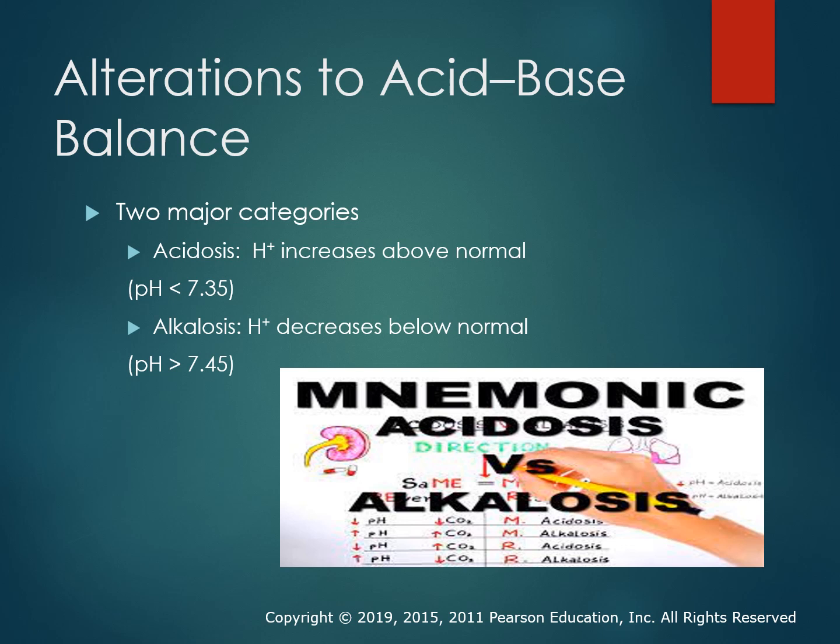So alterations to acid-base balance. Acid-base imbalances fall in two major categories, acidosis and alkalosis. Acidosis occurs when the hydrogen ion concentration increases above normal and the pH is below 7.35.